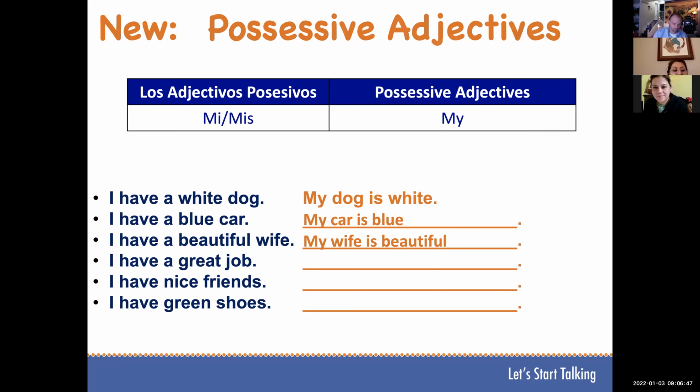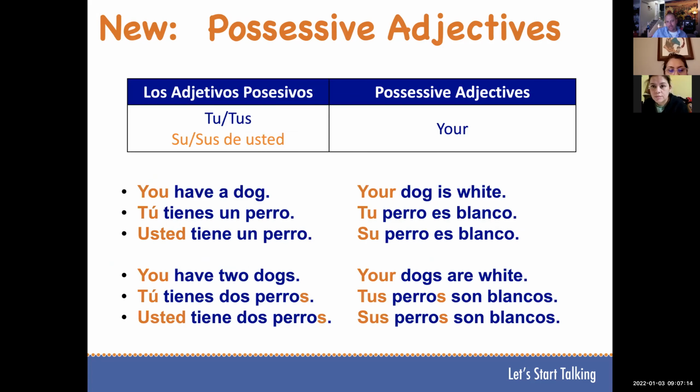Okay. I have a great job. My job is great. I have nice friends. My friends are nice. I have green shoes. My shoes are green. All right, very good.